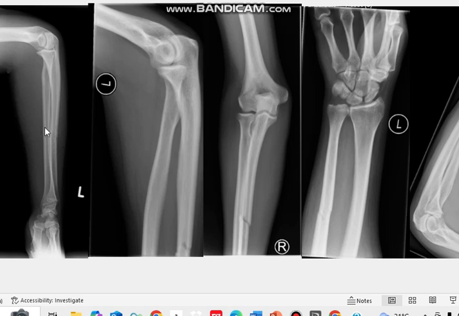You can say that this is ulnar shaft fracture only. This is not Monteggia fracture dislocation. Again here, this is the ulna, an ulnar shaft fracture without displaced fragments, so there is no dislocation.